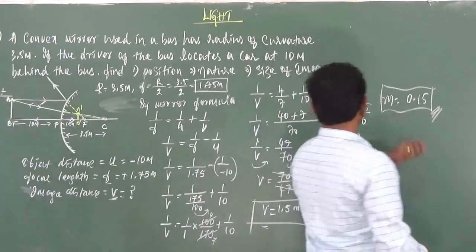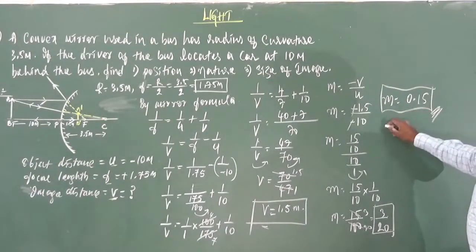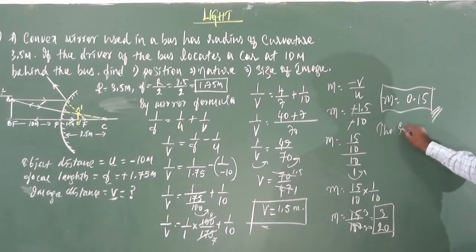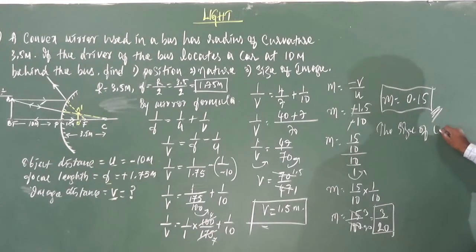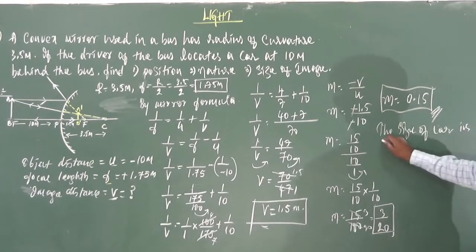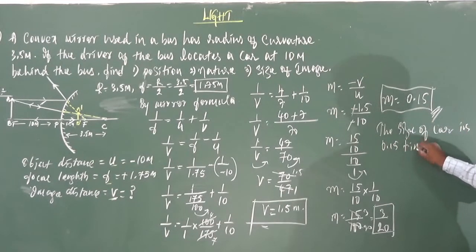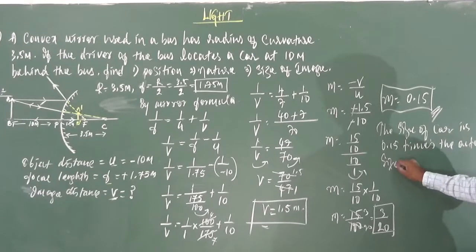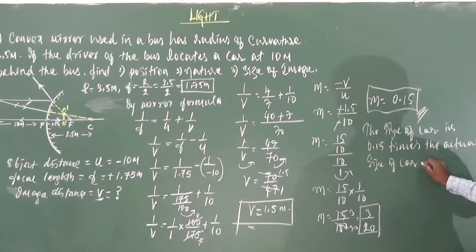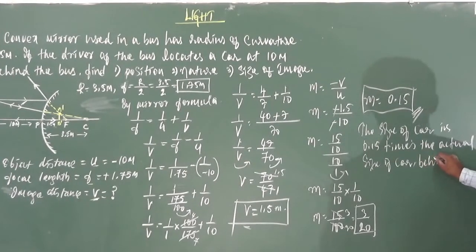So that is the size we have to tell, right? So the size of the car is 0.15 times the actual size of the car behind the bus.